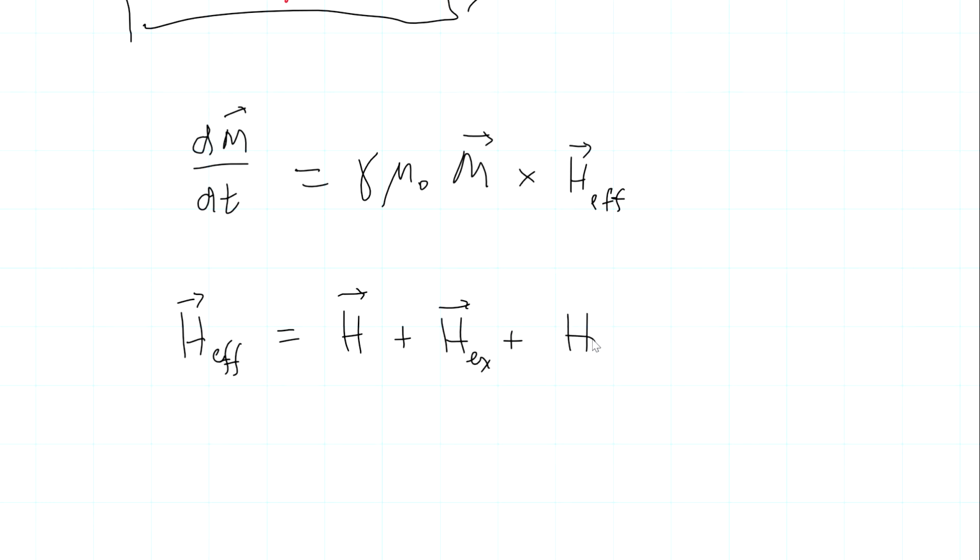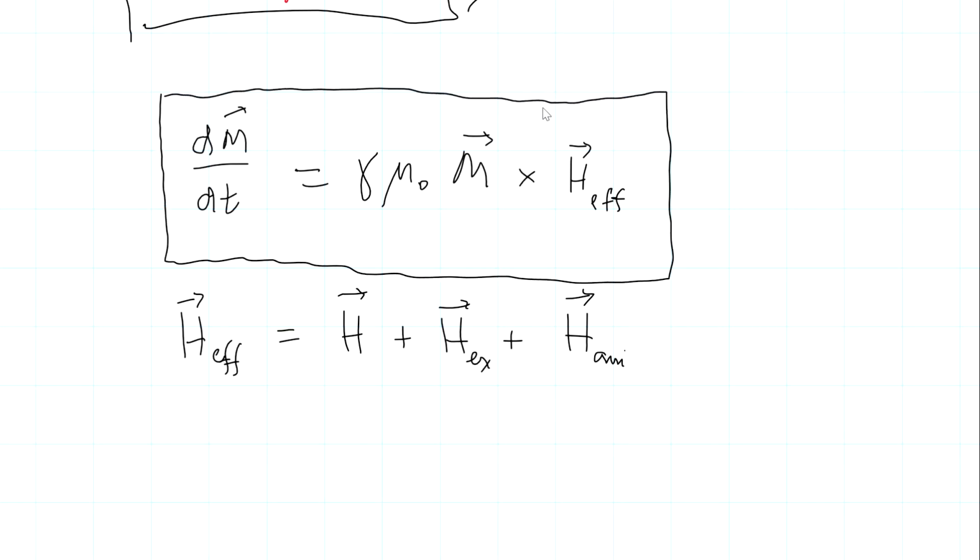There can be anisotropy field, and that anisotropy can include all possible fields, and so on. So what I'm saying is that motion of local magnetization of a certain area of our material, or all magnetization, let's say you can integrate over the whole material, is still described by the same equation that we discussed a while ago.